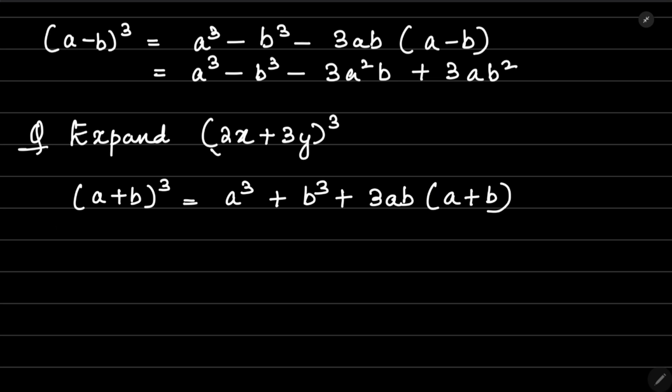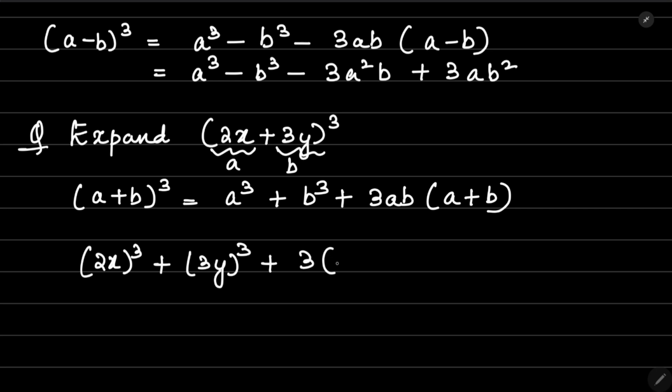So a is your 2x, and 3y is your b. So a cube, that is 2x the whole cube, plus 3y the whole cube, plus 3 multiplied by ab, that is 2x into 3y, multiplied by a plus b, which is 2x plus 3y.